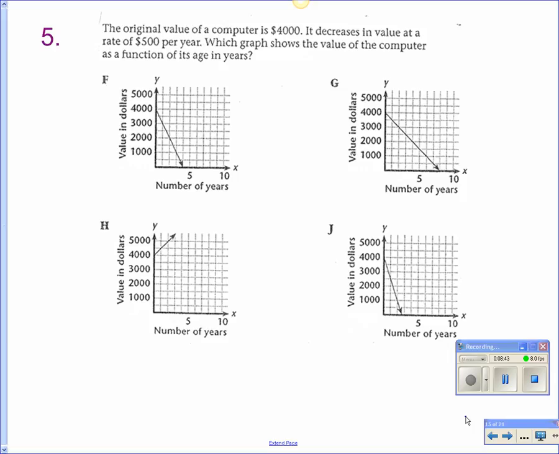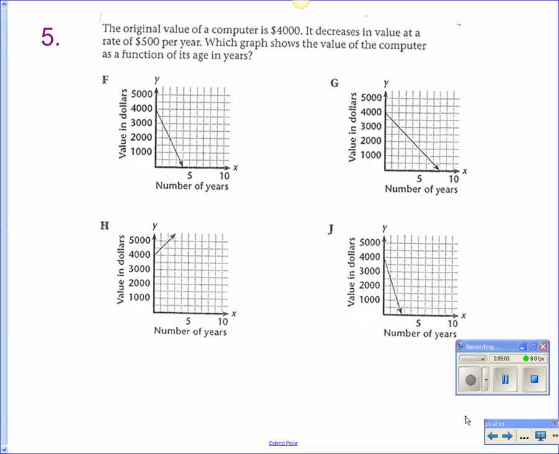The original value of a computer is $4,000. It decreases in value at a rate of 500 per year. Which graph shows the value of the computer as a function of its age in years? We're going back to the one we skipped. Okay, Blake, help me write a y equals for this one.